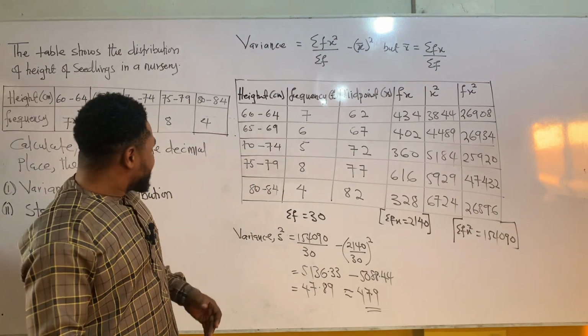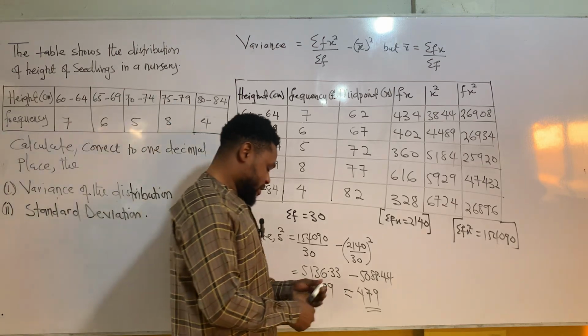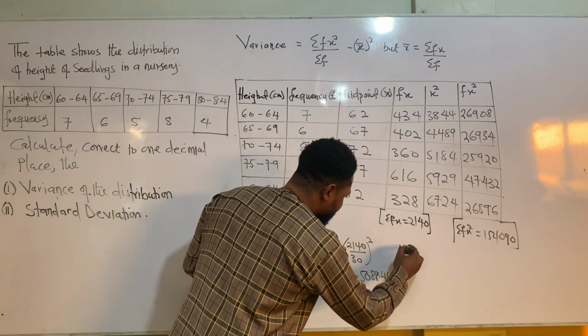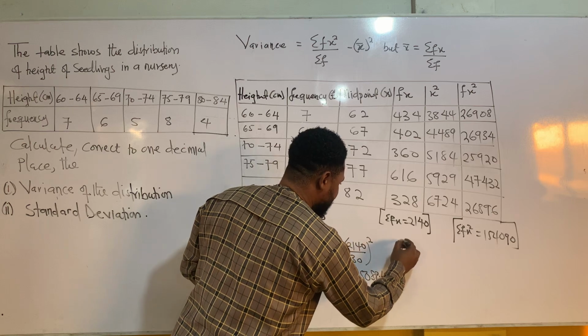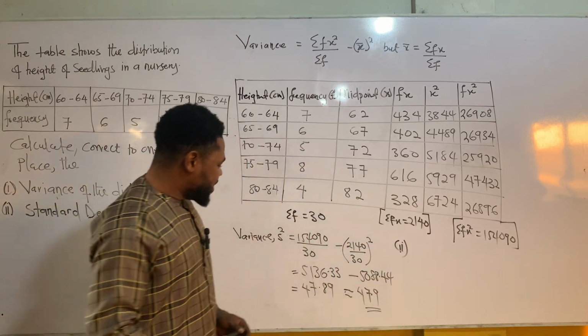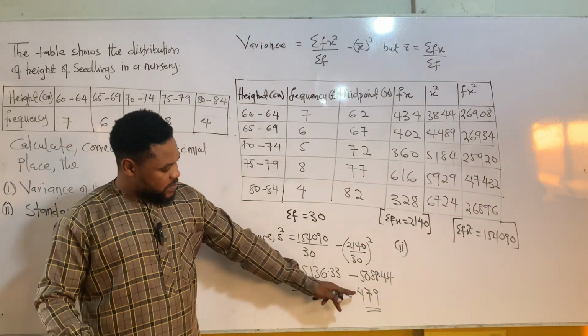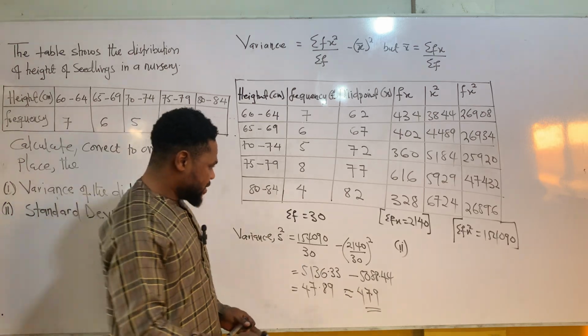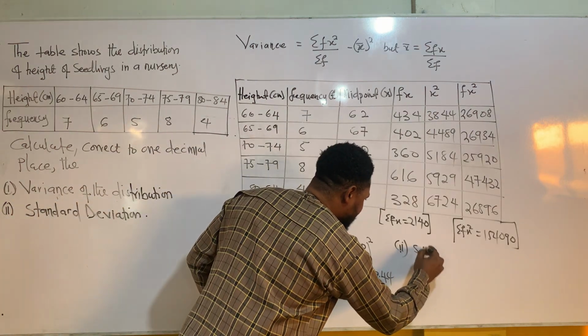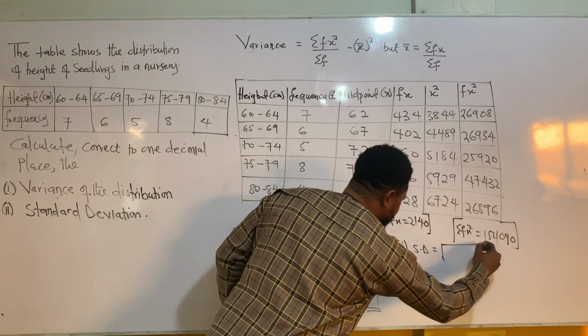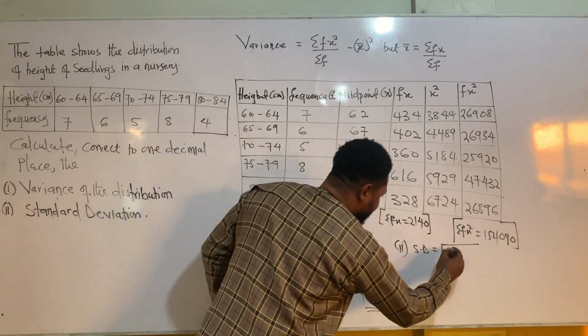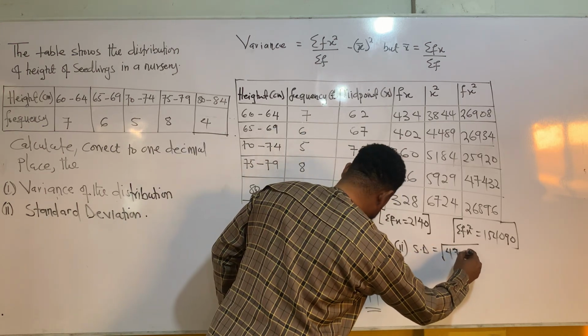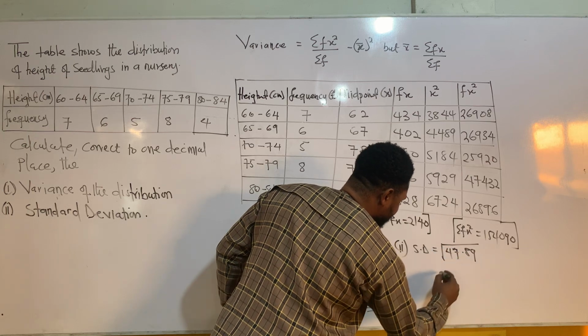But we know that for us to find the standard deviation, our standard deviation is going to be square root of the variance. So our standard deviation will be equal to square root of 47.89.